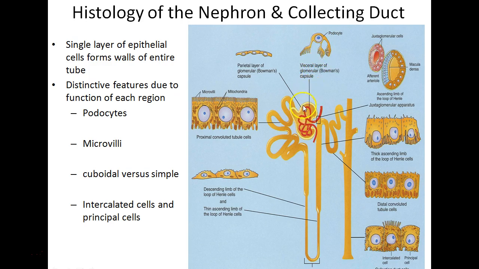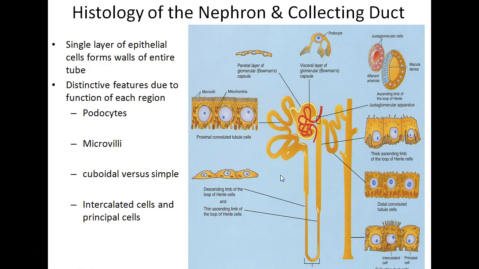And also that parietal layer of the capsule has a special type of epithelia. In addition, in the proximal convoluted tubule, we see that we have special cells that have microvilli on them. And those are going to be tiny, quote-unquote, hair-like structures that exist on the surface of the cells, very similar to those which are found in the digestive system.